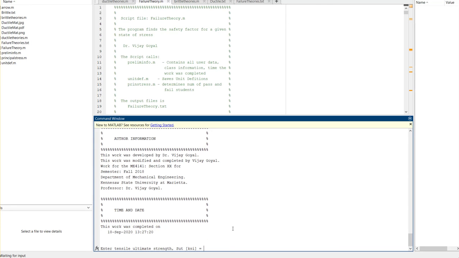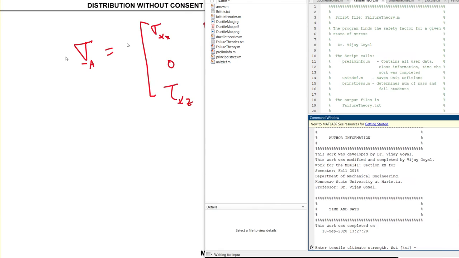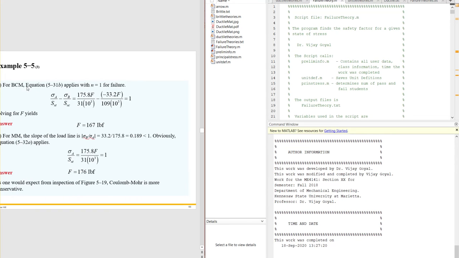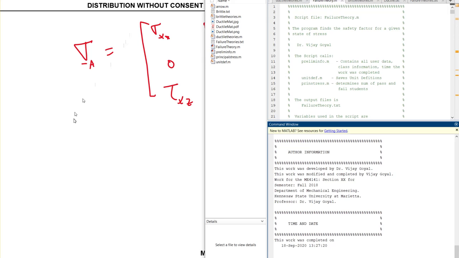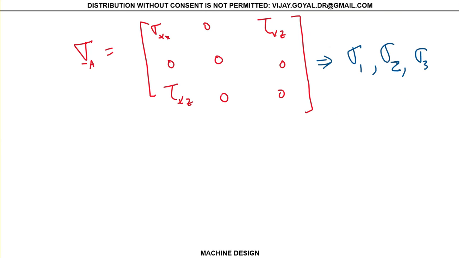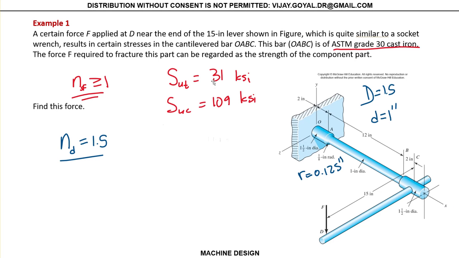And the values for ultimate were 31 and 109.